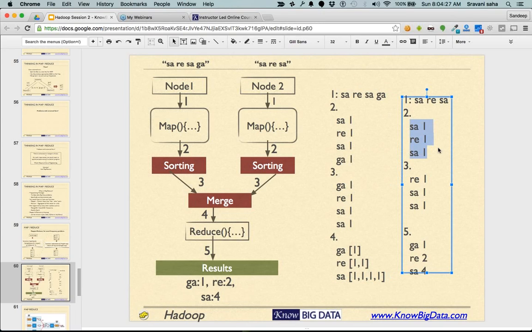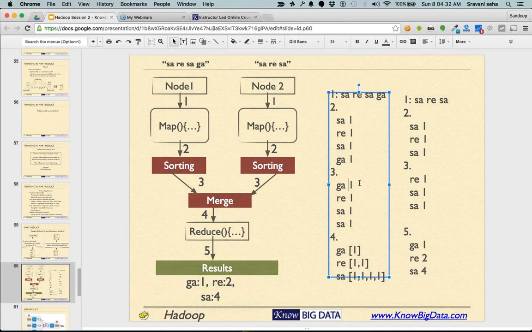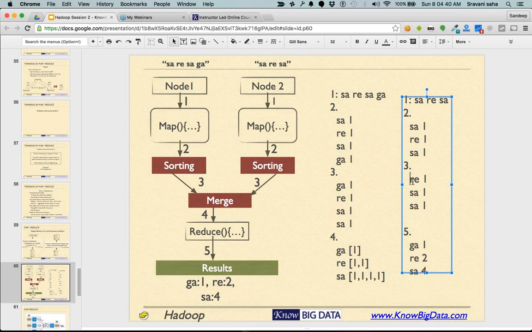This is happening in parallel on both nodes, and once sorting has finished on both nodes, you get something of this sort.